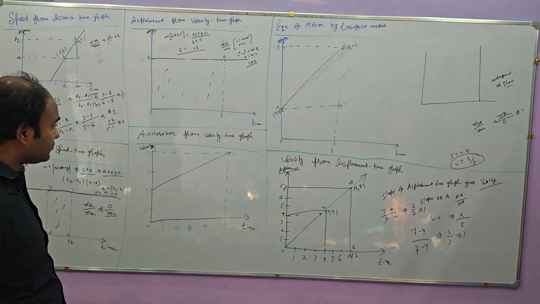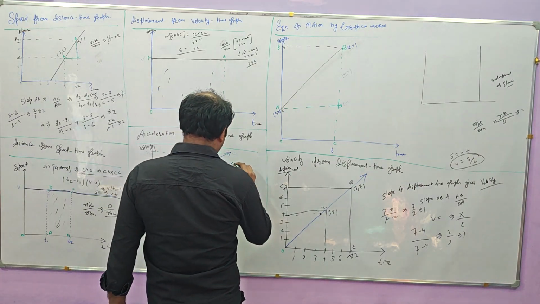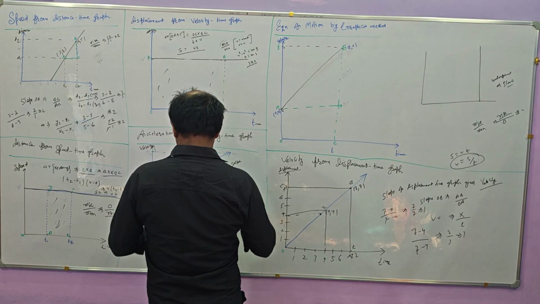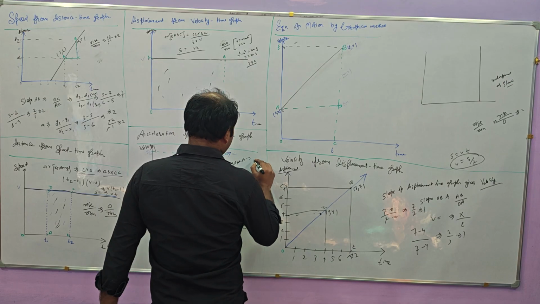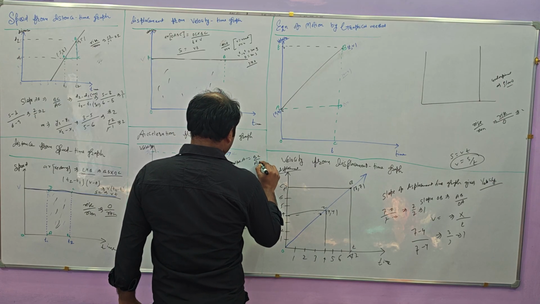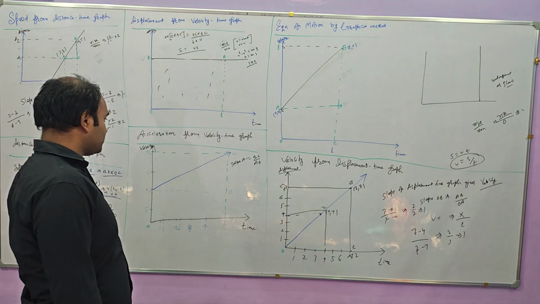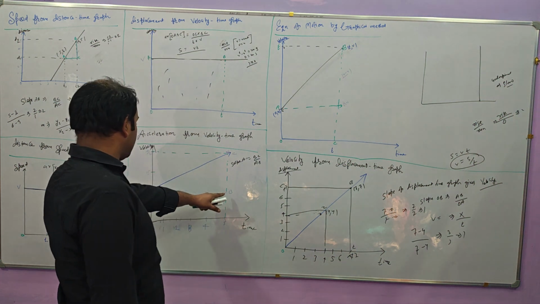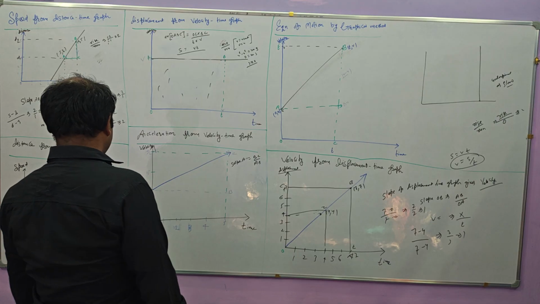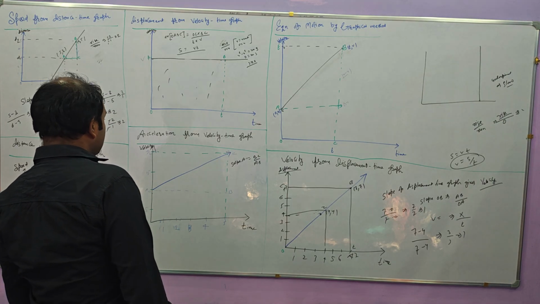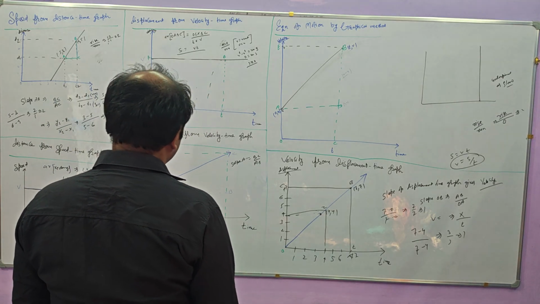And we know slope AC is equal to BC upon AB. This is our BC and AB, and BC upon AB gives the slope.